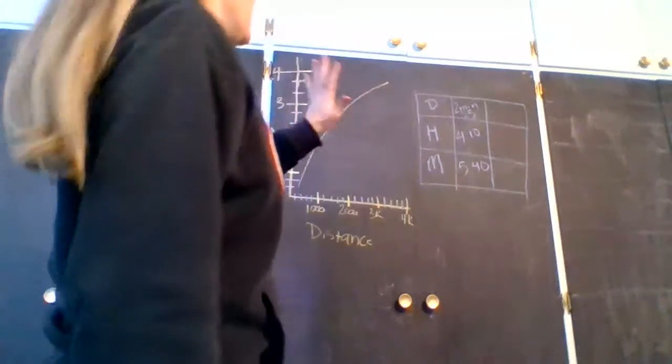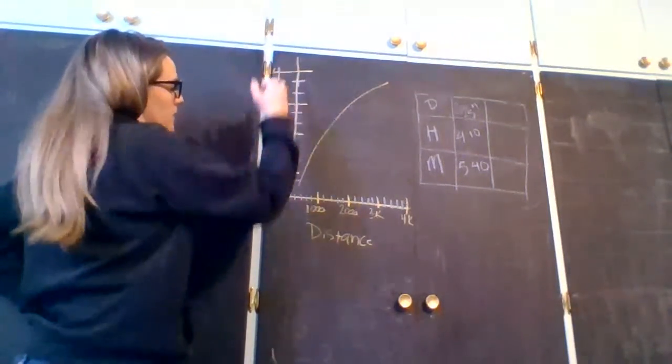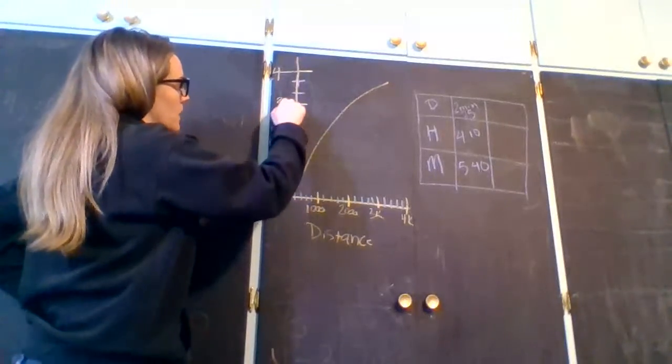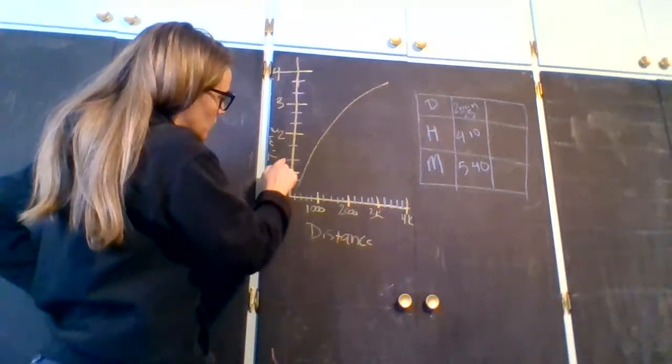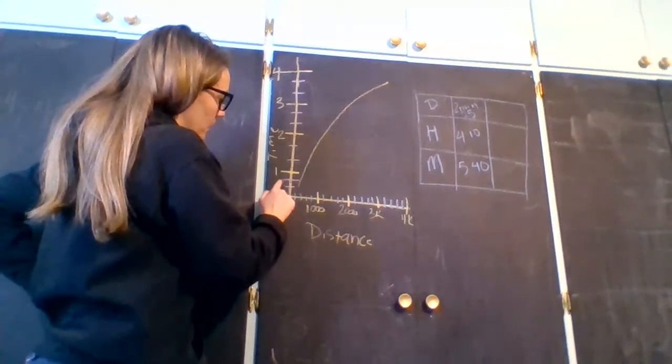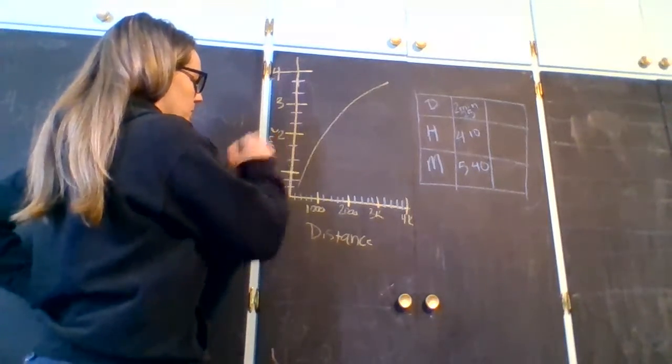For example, if you look at the axis over here, it's broken down into 1 minute, 2 minutes, 3 minutes, 4 minutes, and on up. And then in between each minute, there are 2 separate tick marks or hash marks. So we first need to figure out what each of these represents.